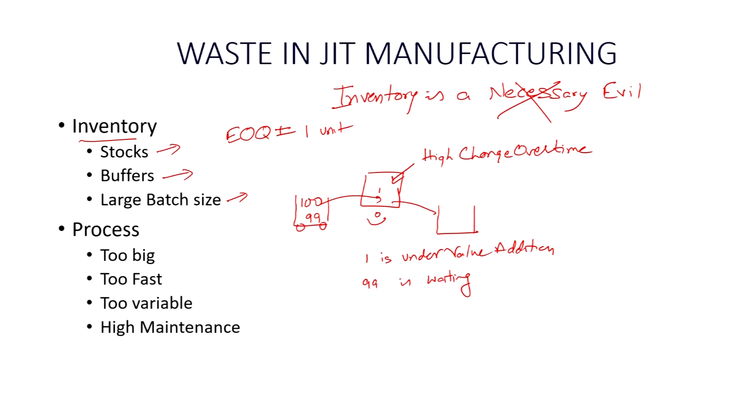So, if somehow I can reduce the changeover time, we can very easily work with smaller batches. If I am able to reduce from 100 to 10, that is going to be an achievement. To avoid the production of large batch sizes, I should be able to produce in small batch sizes. That is possible only by reducing the changeover time.